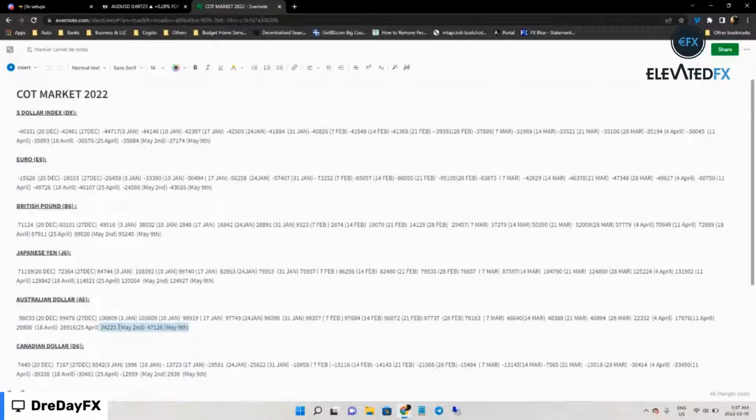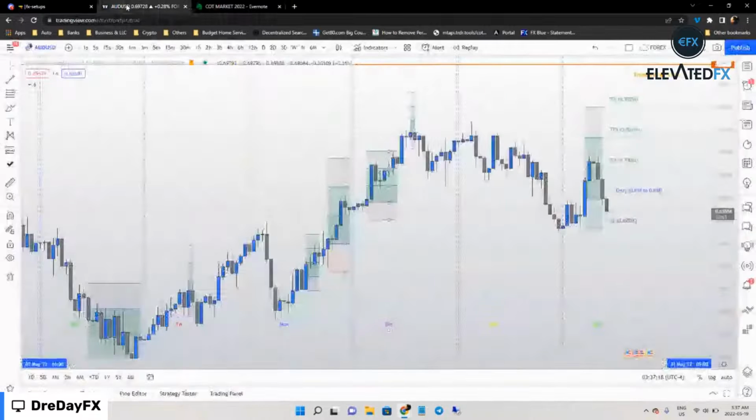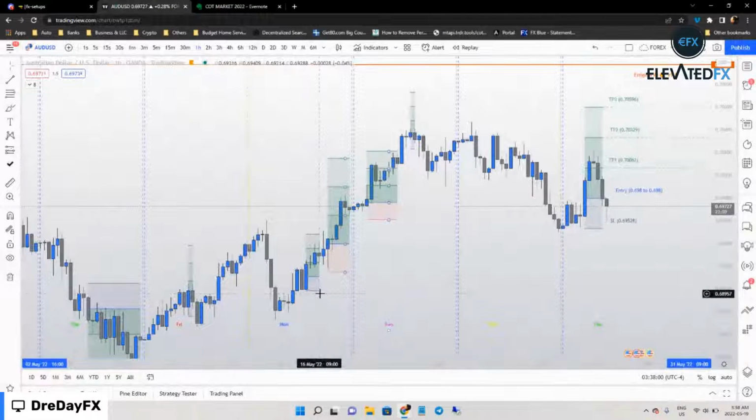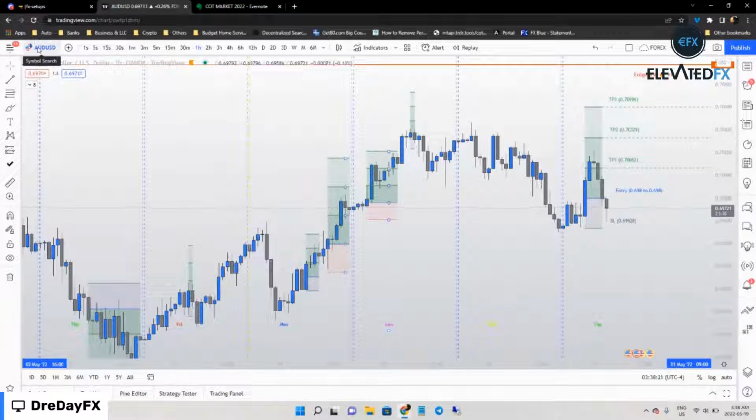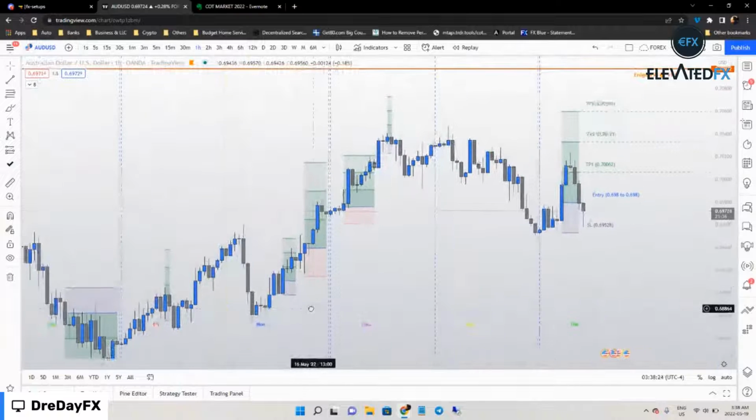So since the Australian dollar was a bigger mover than the US dollar, my thought process is I will take anything against the US as a buy.